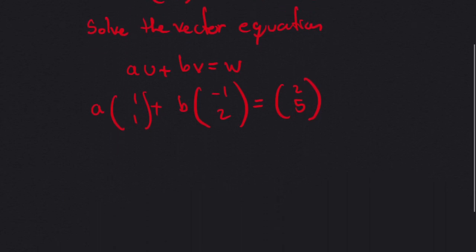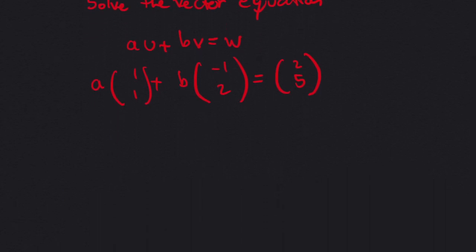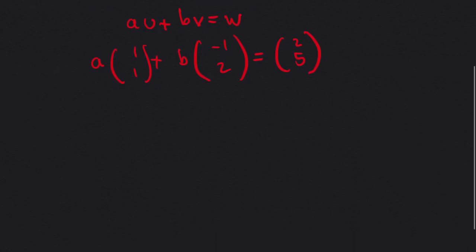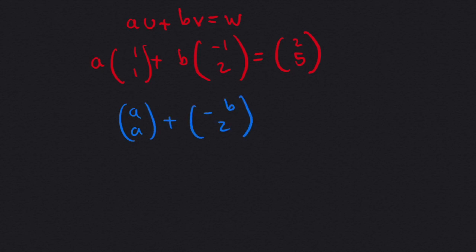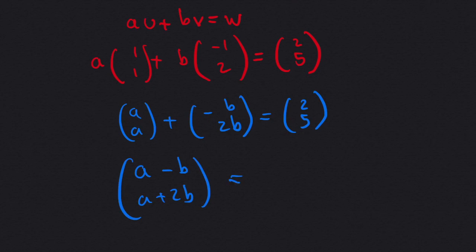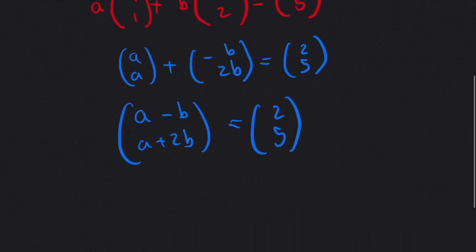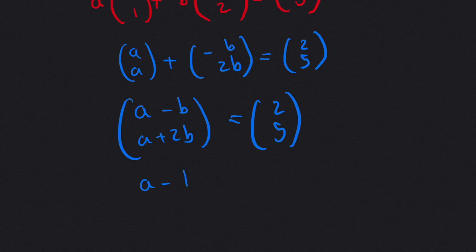Which means that I have an equivalent system of equations. I could also write this down as a system of equations. This will become a, a plus negative b, 2b, equals 2, 5. And then if I put these together, that will give me a minus b, a plus 2b equals 2, 5, which gives me the system of equations a minus b equals 2 and a plus 2b equals 5.